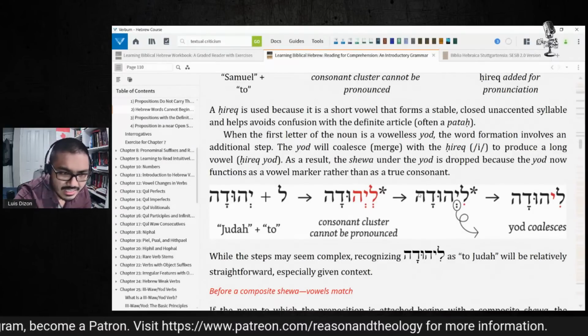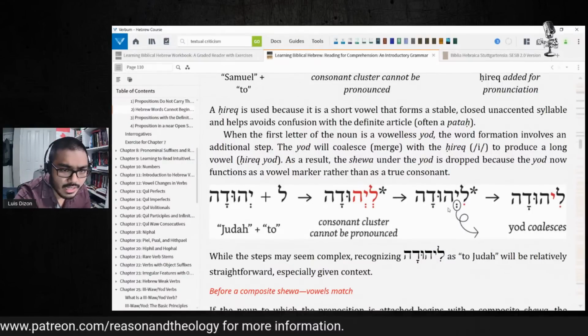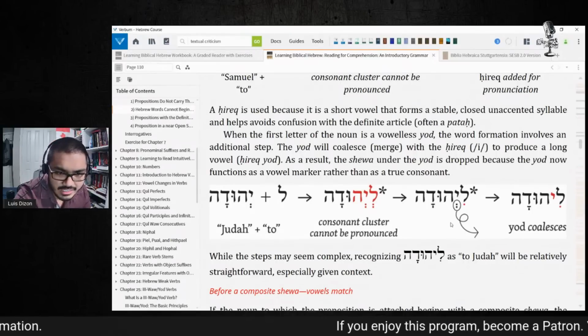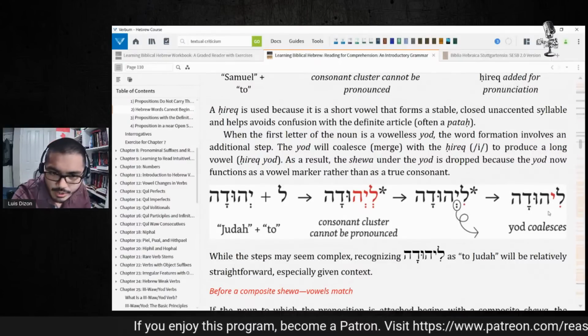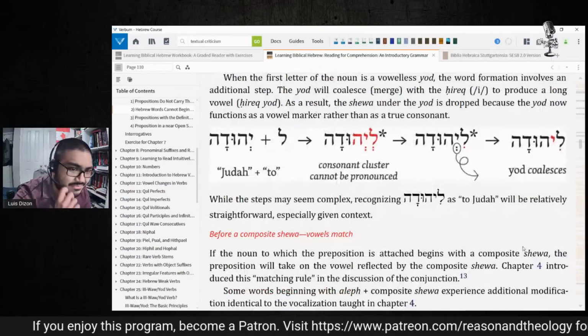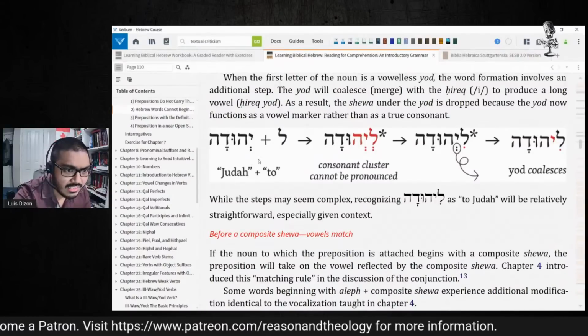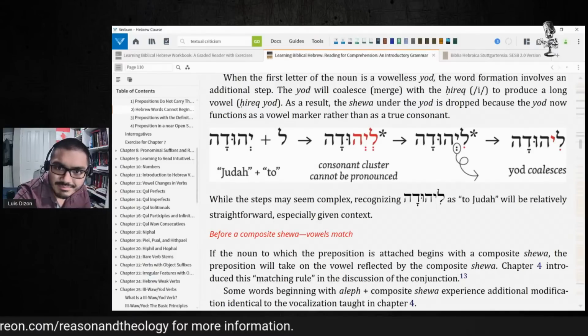That's weird. So, it becomes a li again. So, li Yehuda, but then it still sounds a little weird. So, what happens with that other shva is it just disappears altogether. You end up with Lihuda. Okay? So it's not le Yehuda, it's not li Yehuda, it's Lihuda.